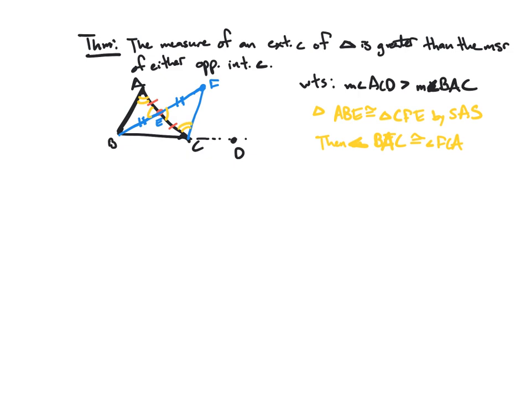But F is on the interior of angle ACD. So we just get that the measure of angle ACD is greater than the measure of angle FCA, which is equal to the measure of angle BAC, which is what I wanted to show.